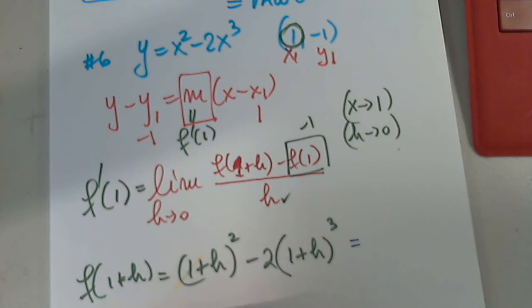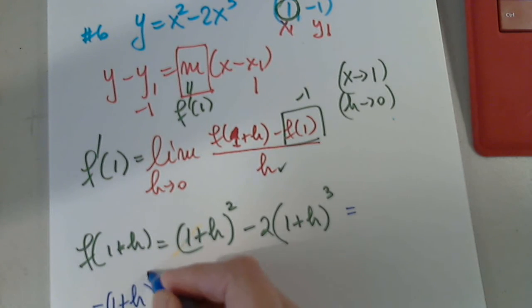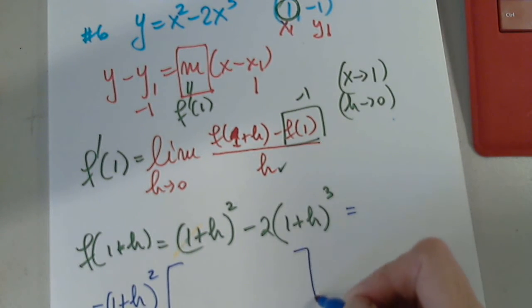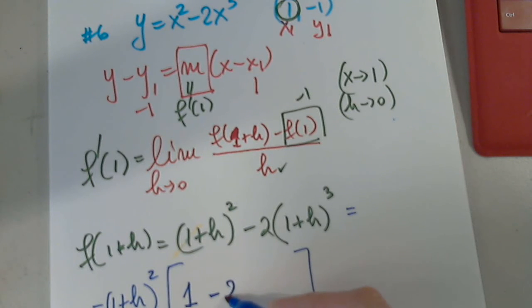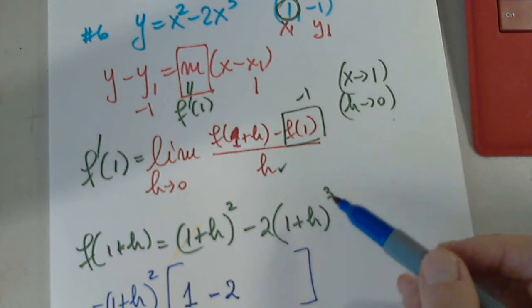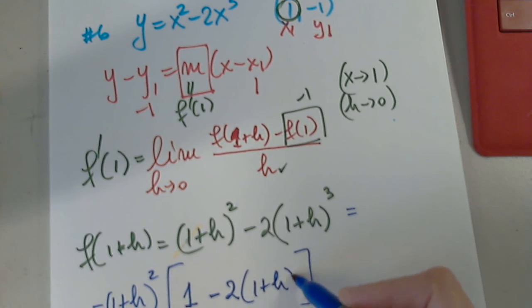It will be easier to multiply, I think. These two have in common 1 plus h squared. Let's see what is left. From here, I have just 1. From here, I have negative 2. From the cube, I took in front 2 of those, so there is a 1 plus h left inside.